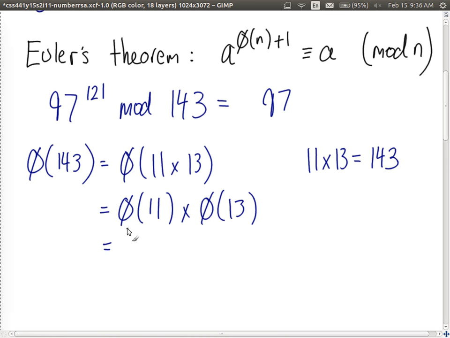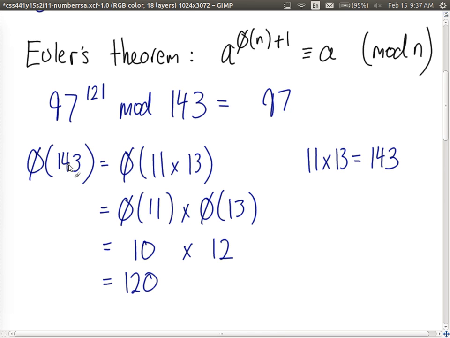And now we can find the totient of these numbers because we know they're both primes. The totient of 11 is 10. The totient of 13 is 12. The totient of 143 is 120 because 143 has 2 prime factors. Its factors are both primes.